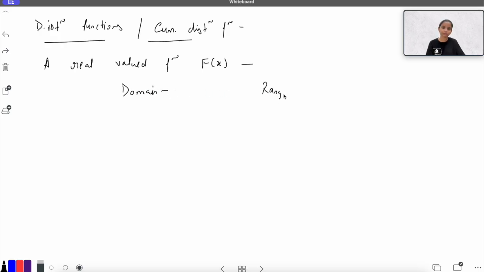The function is defined as the probability that X is less than or equal to x, where the range of x is from minus infinity to infinity.